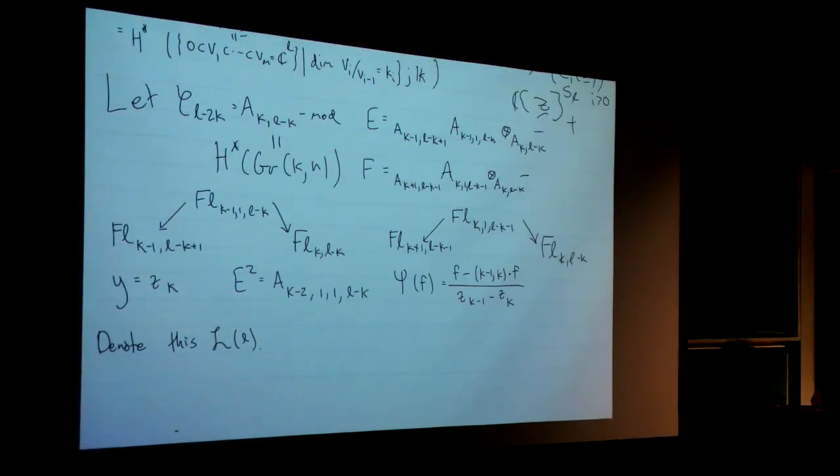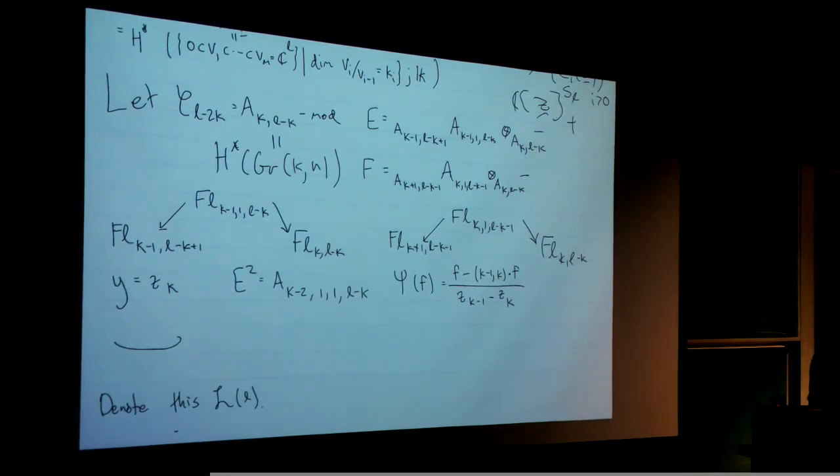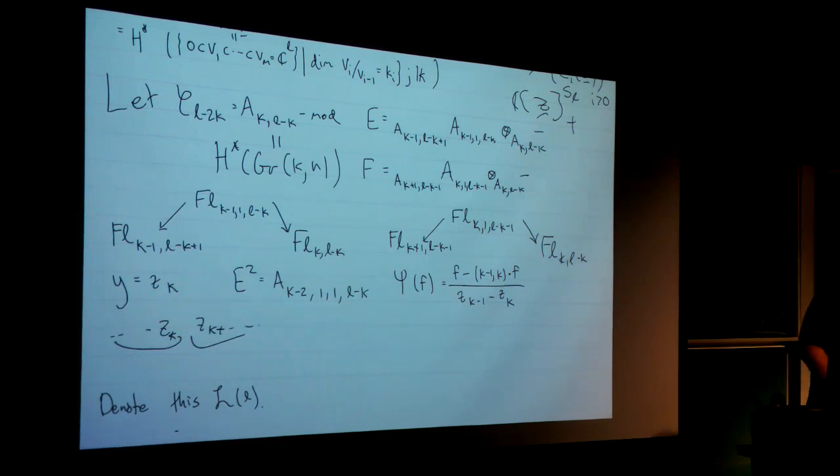All right, so the endomorphism Y, I just want to emphasize this because it's maybe a little unclear, right? What's happening here is I have my first K variables. I have my last L minus K variables, right?